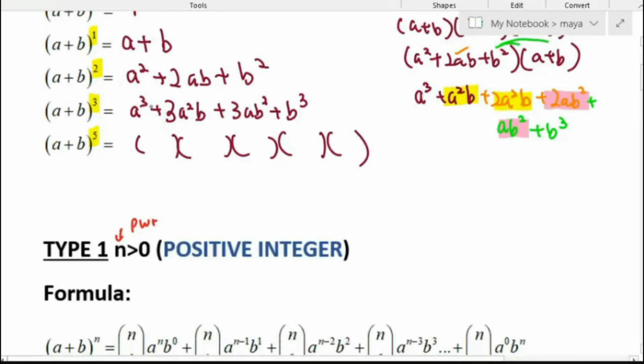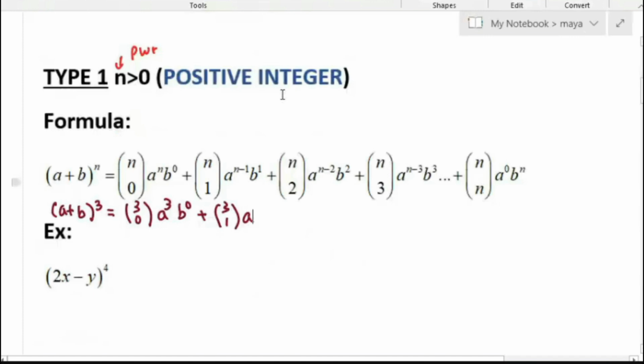You will notice that your item a power is decreasing, your item b power is increasing. So for the second term here, a will become 3 minus 1, power of 2, then automatically b power of 1. Continue here, 3C2, a to 3 minus 2, which is 1, and then b power 2, then 3C3, then a power 0, b power 3, so that's all.